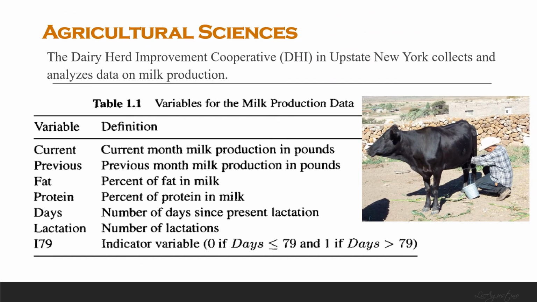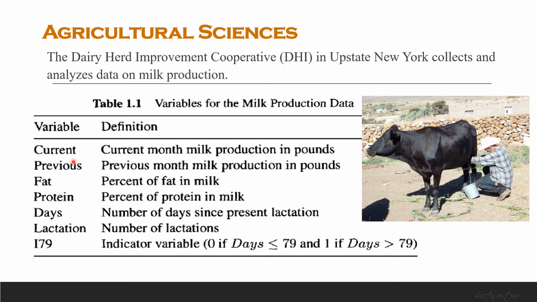So let's have some examples in some sciences. Let's say in agricultural sciences. The Dairy Herd Improvement Cooperative in upstate New York collects and analyzes data on milk production. We can see here in Table 1.1 the variables for the milk production data.